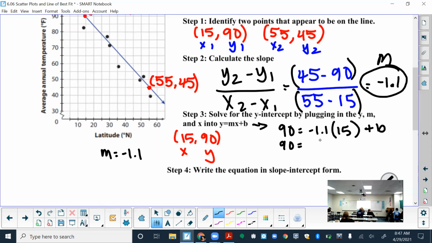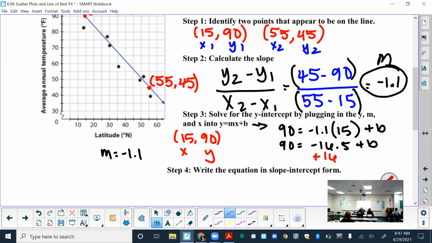I got negative 16.5 plus b. How do I get the b by itself? Really close. If it's negative right here, how do I get this to cancel to 0?